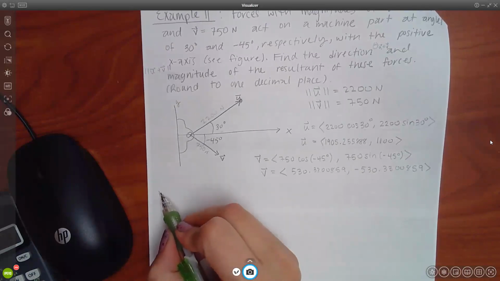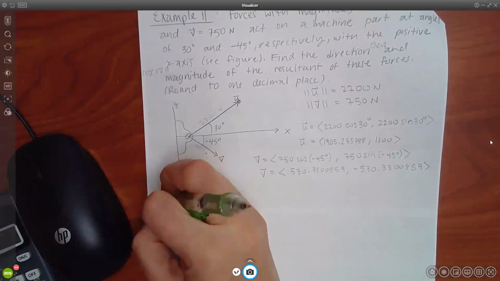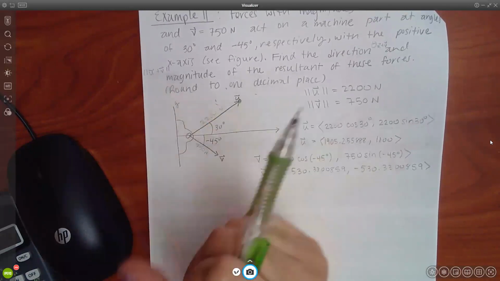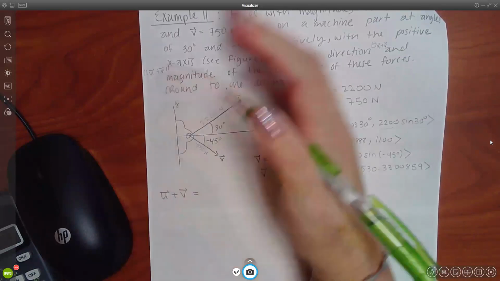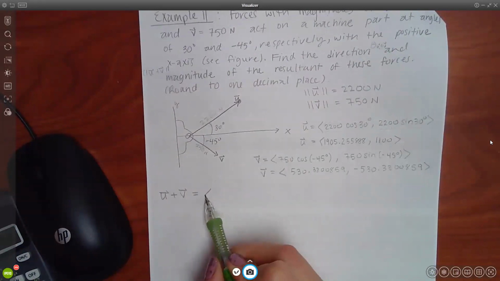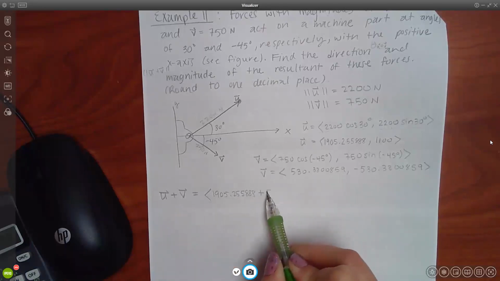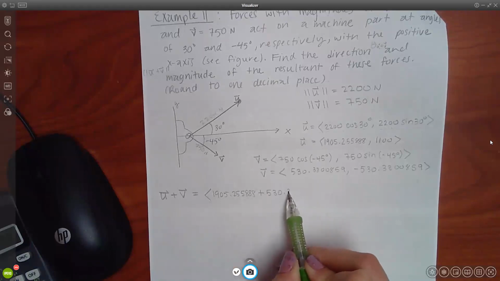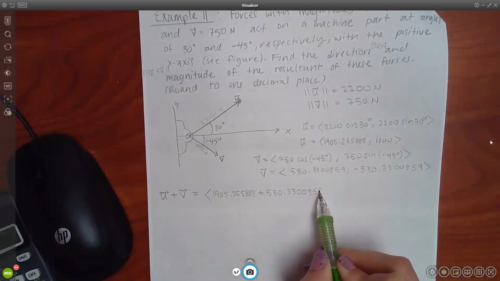So we need to figure out what the resultant is. Before you do the magnitude, I'm just going to do U plus V. So to do U plus V, I'm basically going to take the first component of U and add it to the first component of V. That's the definition of how you add two vectors.